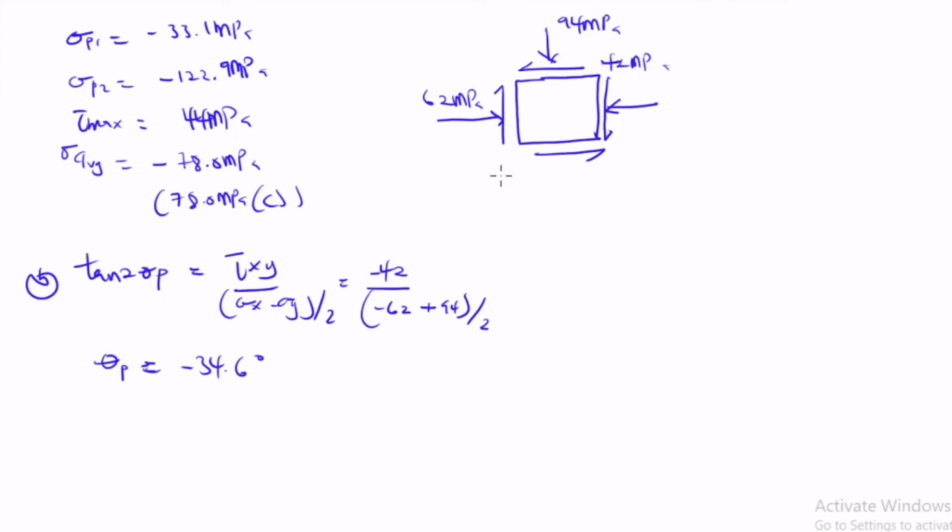Now drawing our wedge element, we need to include our line like this. And the angle we had was negative. That means that the wedge element will move down because the angle we had was negative, and it will move in the clockwise direction. And this was 34.6.